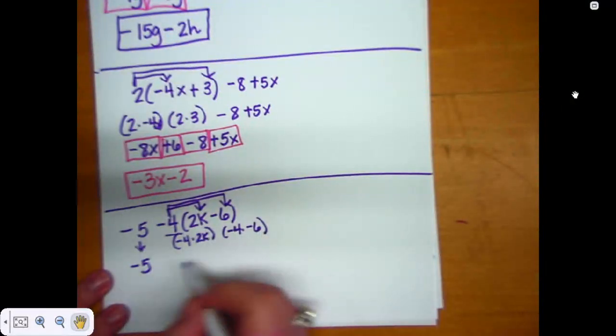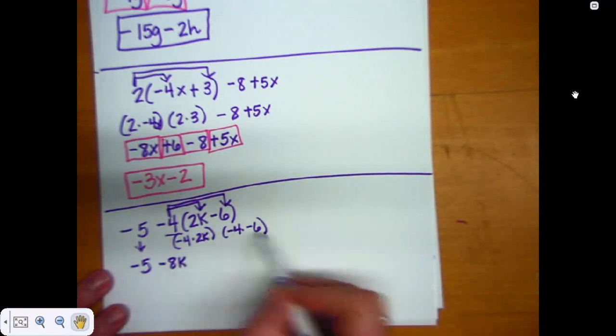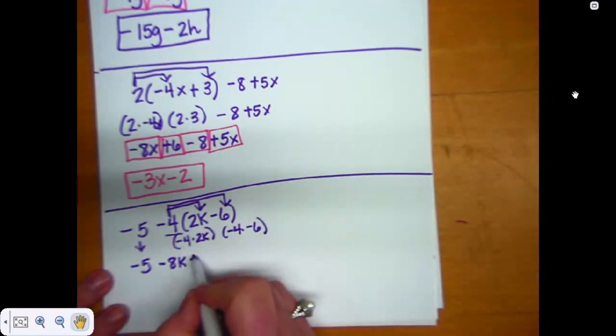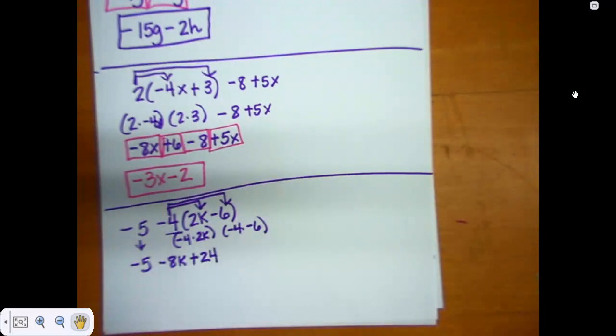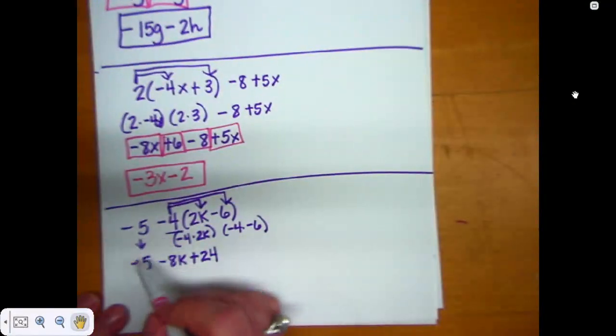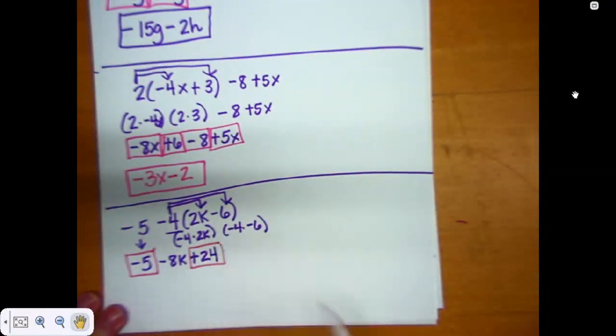Negative 4 times 2k is negative 8k, and negative 4 times negative 6 is positive 24. Now I notice that I have like terms. I have two constants or two regular numbers. I have a negative 5 and a positive 24.